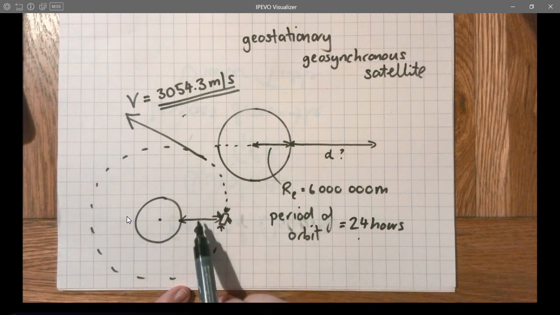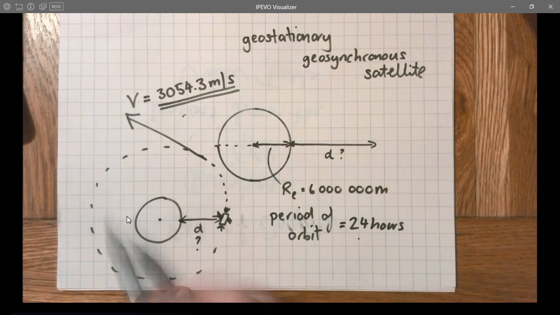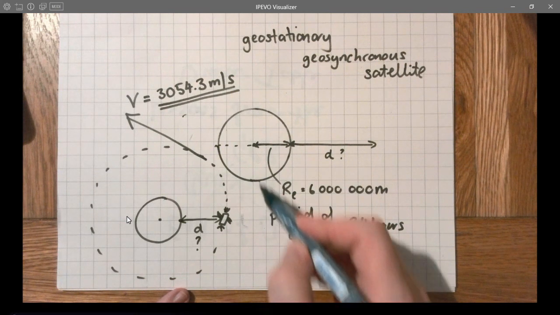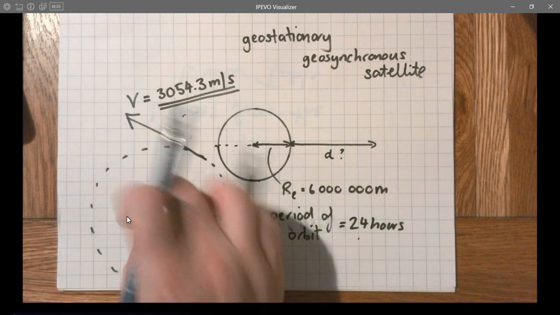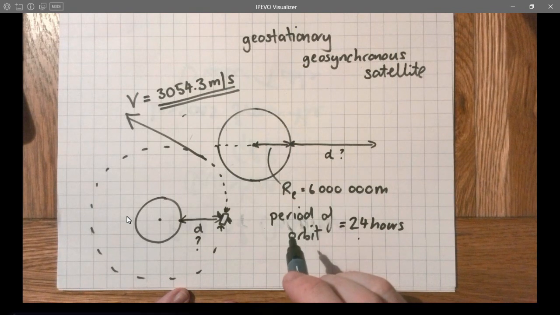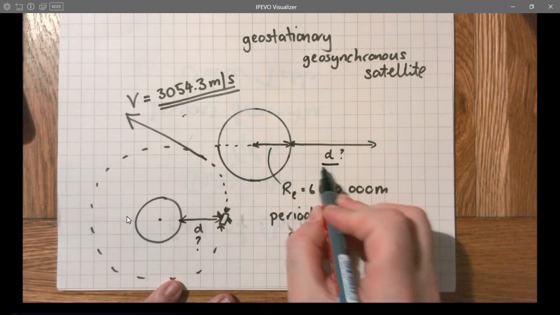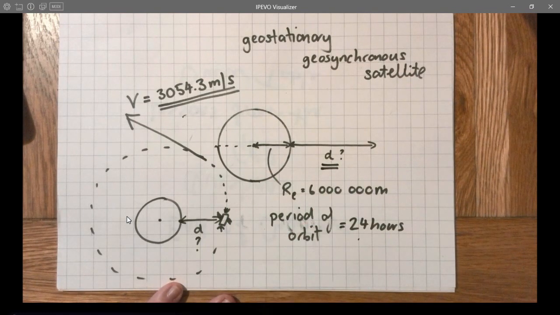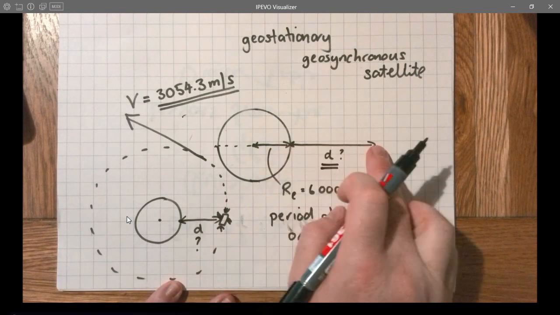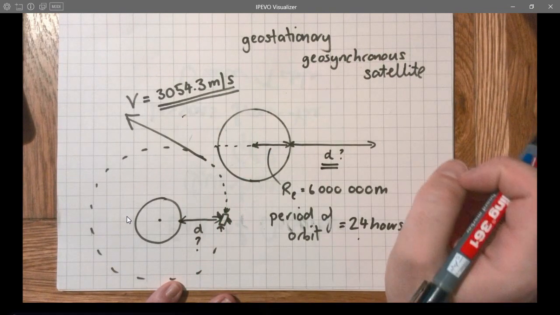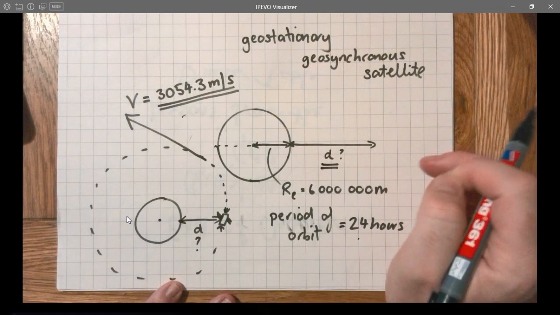Because if it was too close, it would be too quick and go round faster than a day. If it's further away at the same speed, it would be going too slowly, so the Earth would spin faster than it moves. So I want you to work out the distance this satellite has to be from the surface of the Earth to maintain a geostationary or geosynchronous orbit.